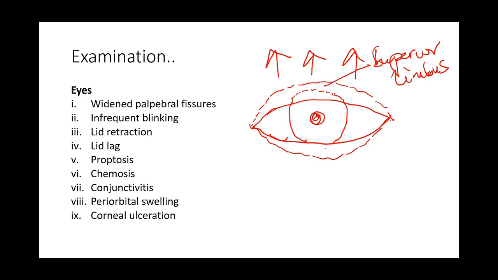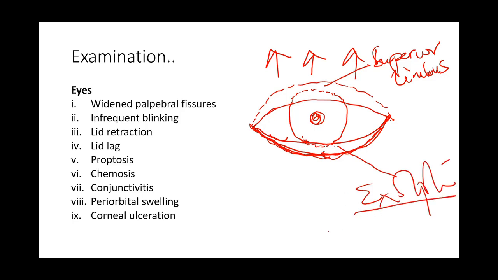Now, if there's exposure of the inferior limbus, that is between the cornea and the inferior eyelid, and there's exposure of the sclera, the patient will have exophthalmos.